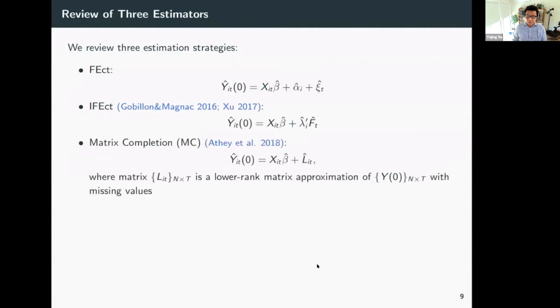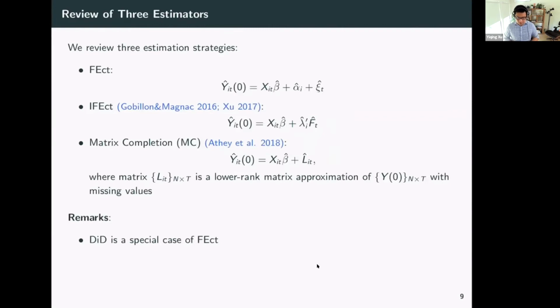And the matrix completion method: instead of directly imputing factor loadings and factors, you can impute their product directly from data using a lower rank matrix approximation. And as you will see, these 2 approaches are very closely linked. You can even see this as a special case of matrix completion with a special regularization method.